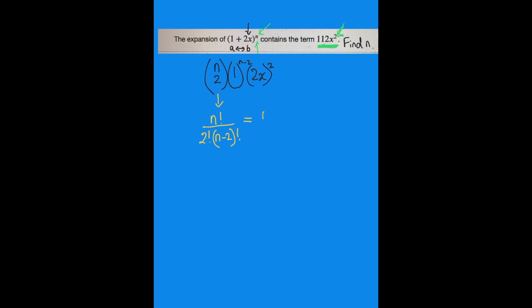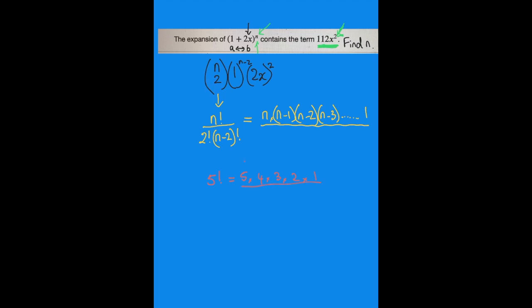So that is n times n minus 1 times n minus 2 times n minus 3, etc., till we get to 1. Now you might be thinking, I don't really understand where that came from. So let me just remind you. Say you had 5 factorial, that equals 5 times 4 times 3 times 2 until you get to 1, and then you're finished.